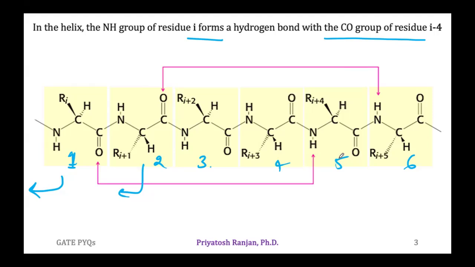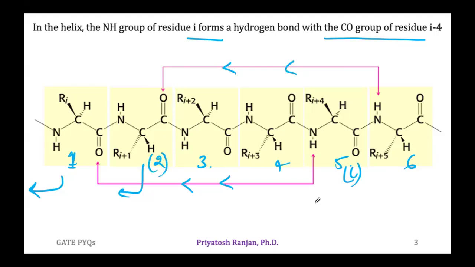However, for the fifth amino acid residue, if I am considering it as I, then I minus 4 is going to be the first amino acid. So the NH group of this can form a hydrogen bond with the first one. Similarly, the NH group of the sixth amino acid residue can form a hydrogen bond with the second amino acid residue.